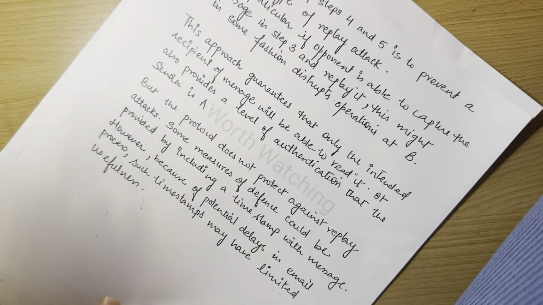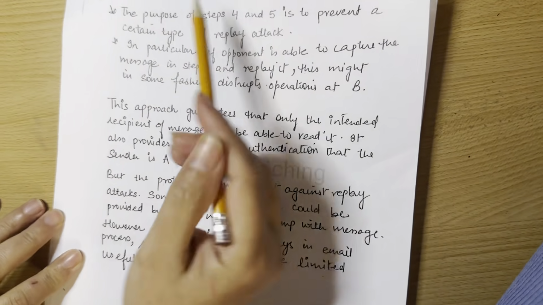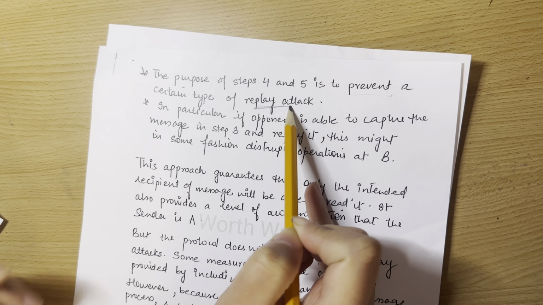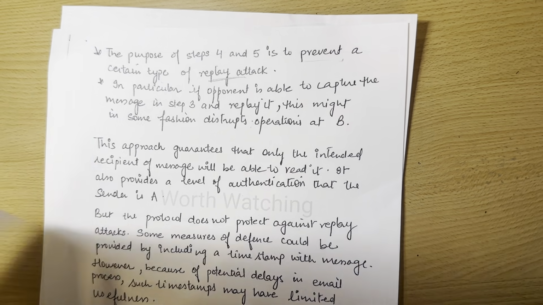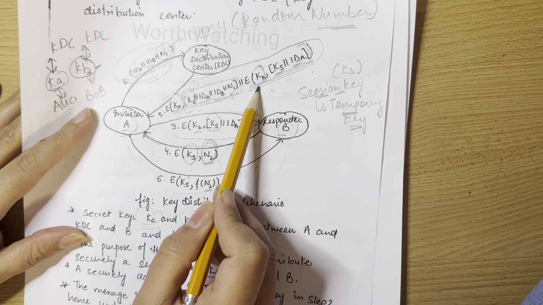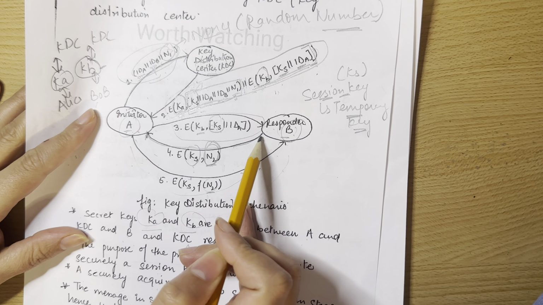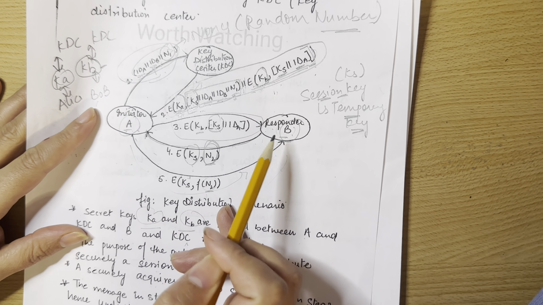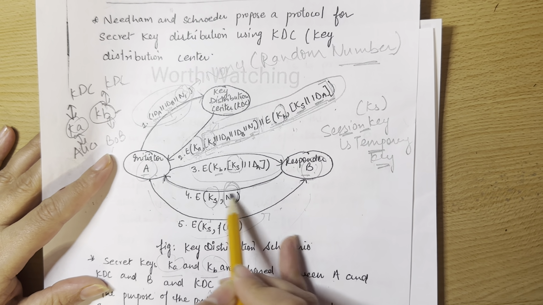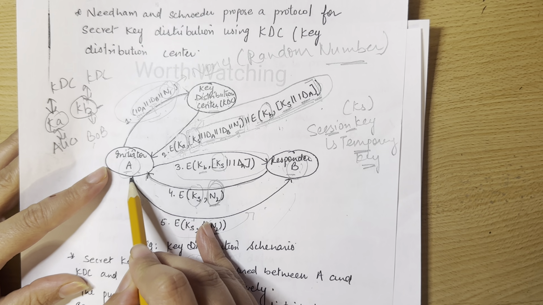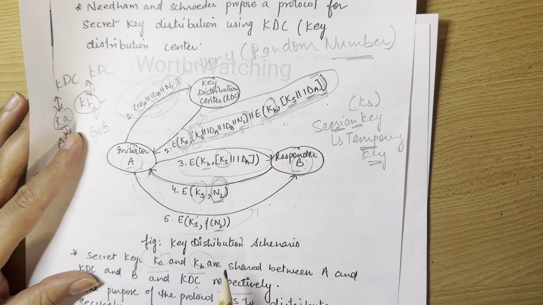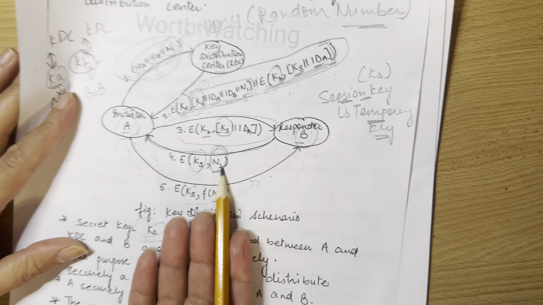Okay. Now the purpose of steps 4 and 5 is to prevent a certain type of replay attack. Let's say this is an old generated message, and if the intruder gets this message and replays it to B, and B sends a nonce number, then A already knows that this random number is old.